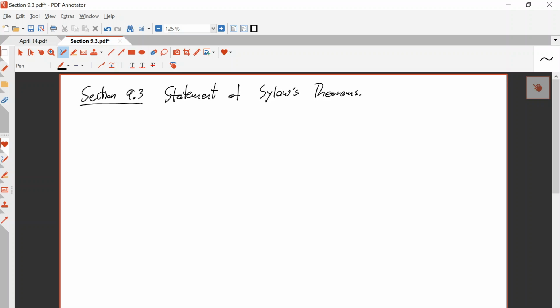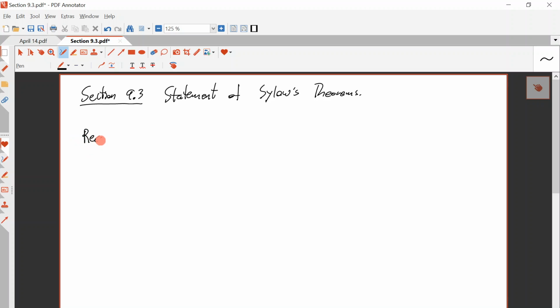So in this section, it's just a statement and some application of Sylow's theorems, not the proof. That's in a later section, although I don't think we're going to get to that because we're running out of time, and there's one other topic I'd rather cover than proving Sylow's theorems. But we can just go with the statements and talk about those.